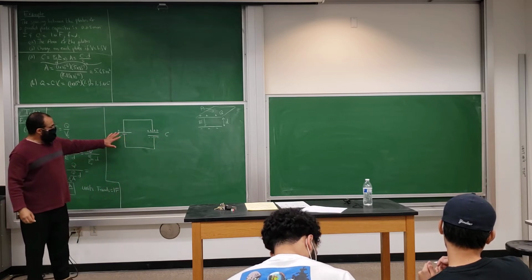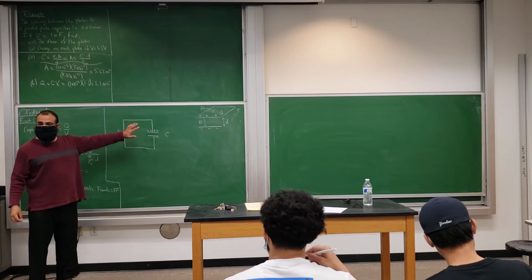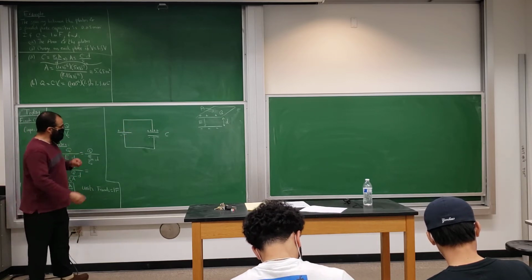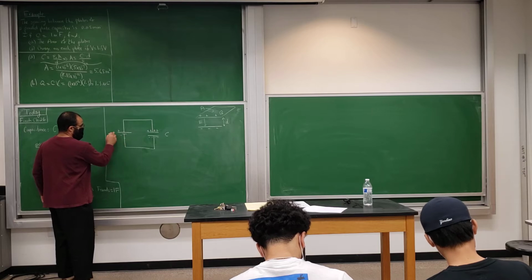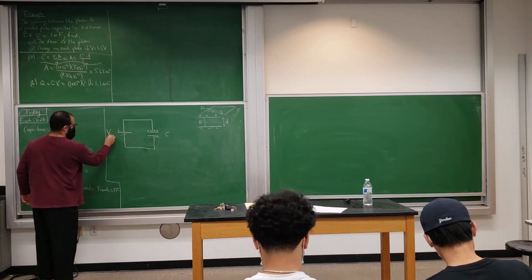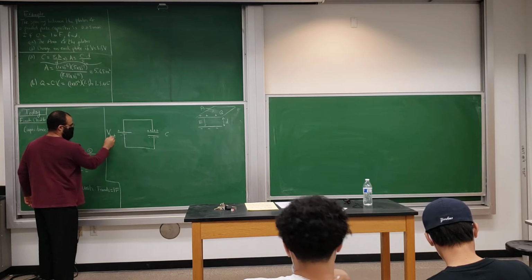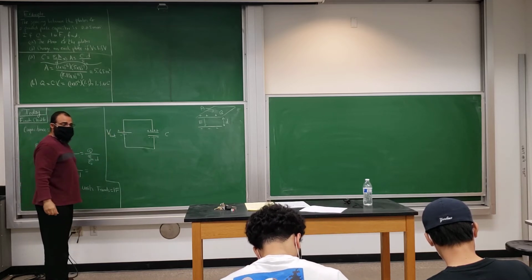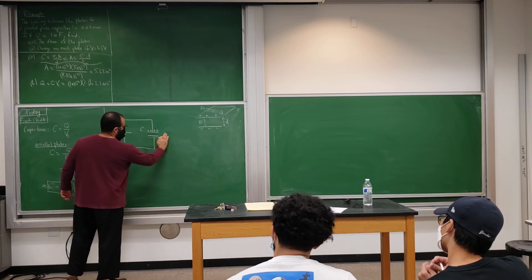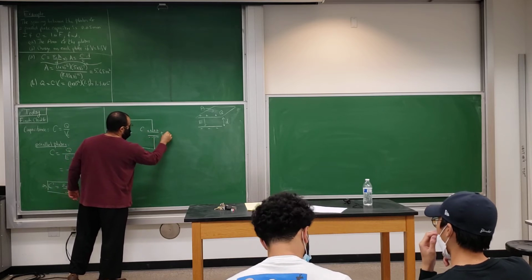Let's say now the charges stopped flowing. Let's say this is the voltage across the battery, V battery, and here is the voltage of the capacitor. Let me put C here, and from here to here is the voltage across the capacitor.